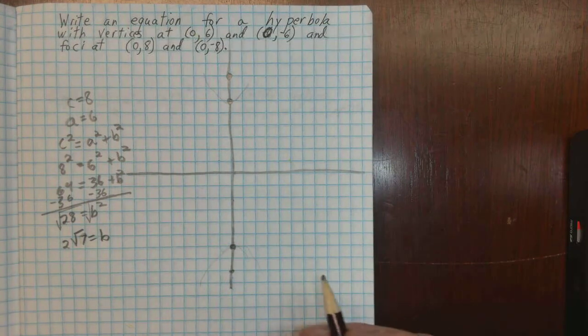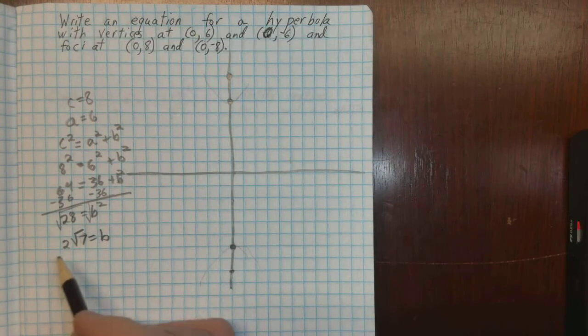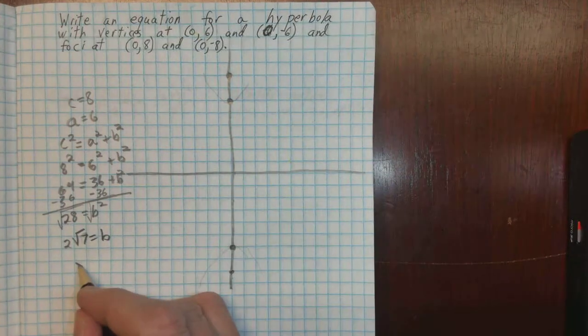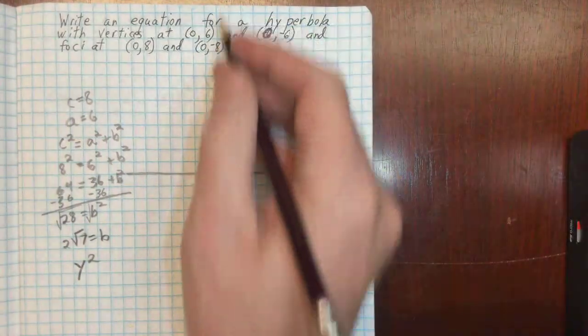So we are just required to write this equation. That's all they're telling us to do. And the y squared would come first because the transverse axis is vertical.